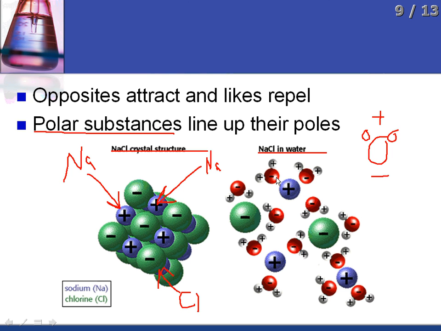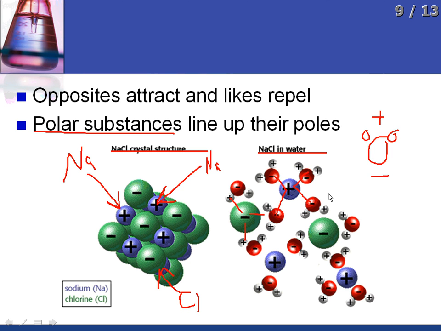Notice how the negatives and positives line up with each other. The chlorides get surrounded by the positive sides of the water, and the positive sodium gets surrounded by the negative sides of water. This is called polarity in solutions.